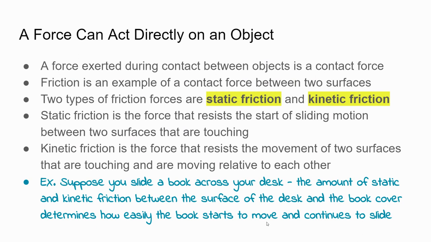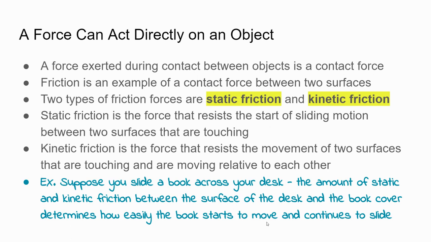So forces can act in one of two ways. It can act directly or indirectly on an object. Okay, so if you look at your picture on page 409, there is an airplane in that picture.